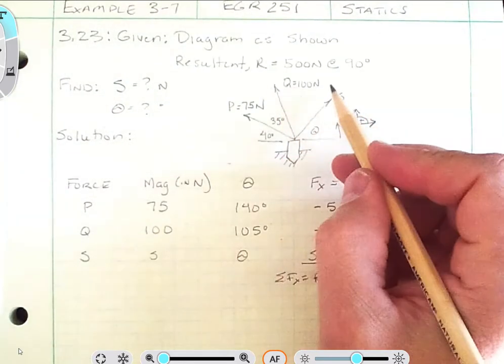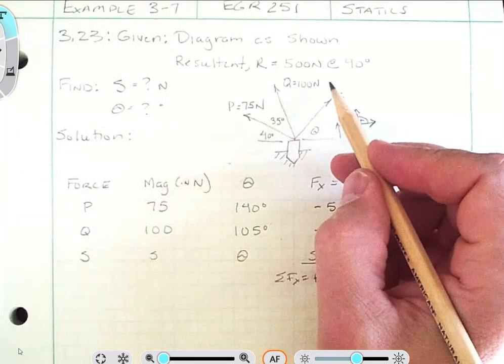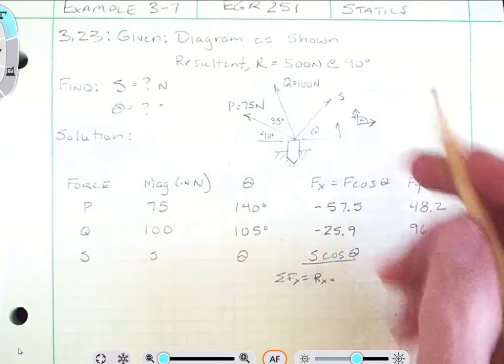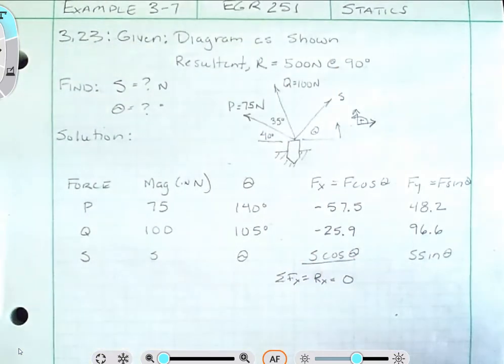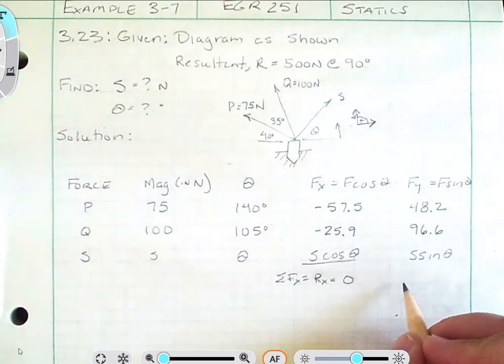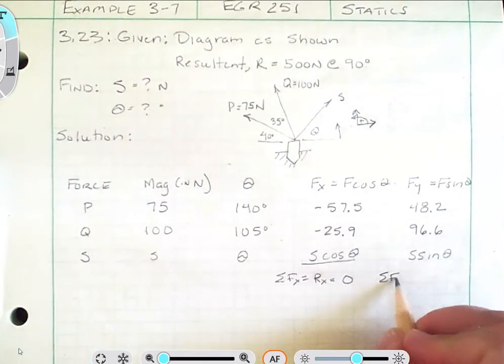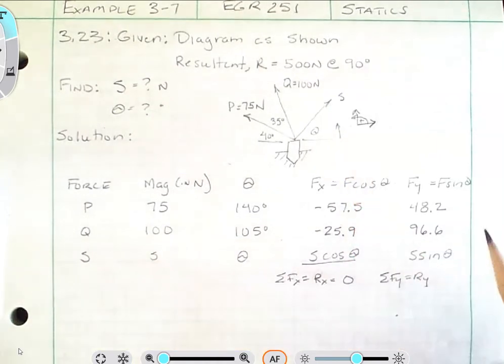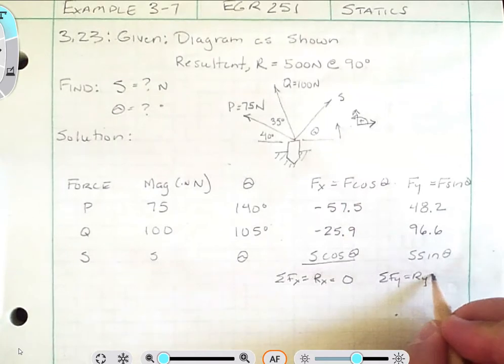And because our R is vertical, there is no horizontal component. So this does have to sum to be equal to 0. Similarly, if we go over here, we have a setup where our sum of Fy has to equal R sub y. And again, this is a vertical force, 500 newtons acting upwards. So this has to equal 500.